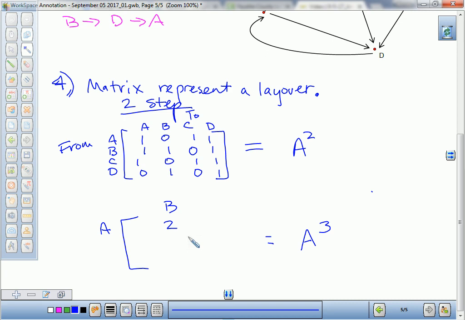That's why there's a 2 there. It's not just possible, it's possible two different ways. So it'd be like A to C to B and then A to D to B.